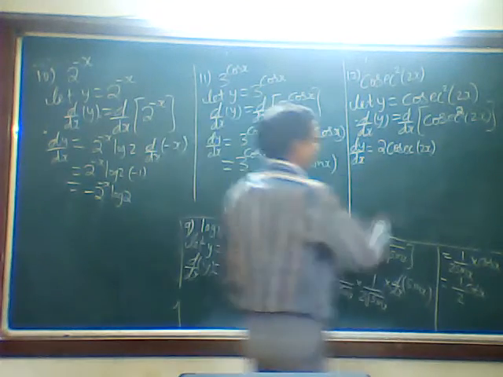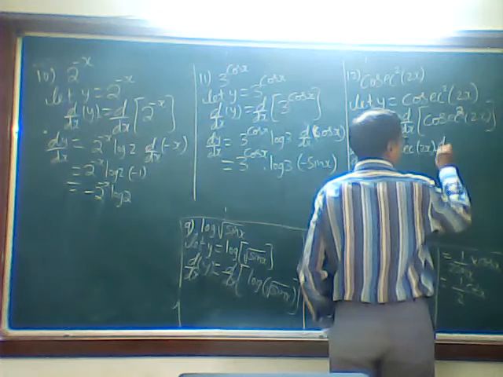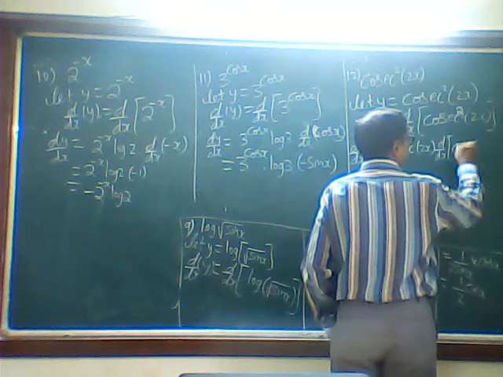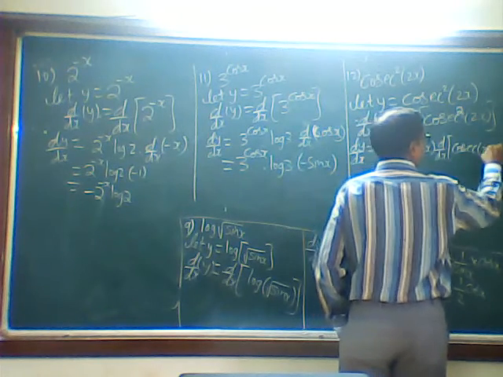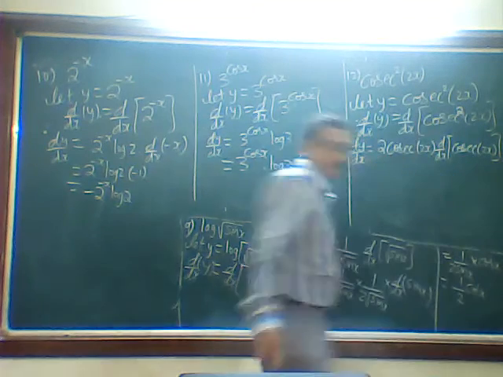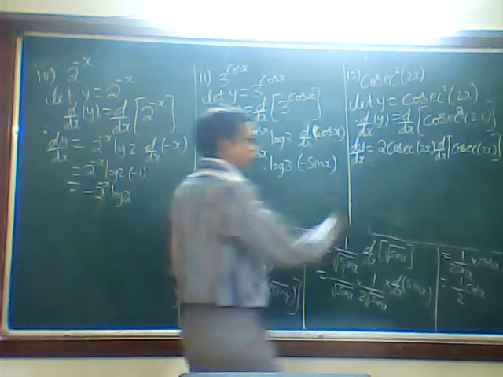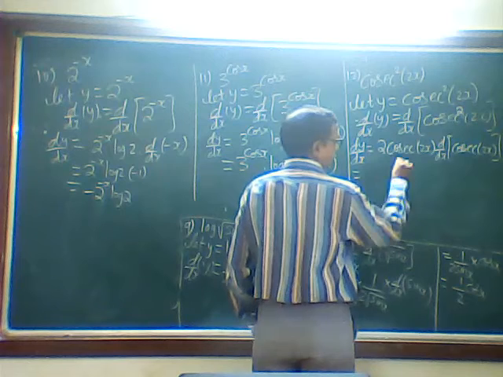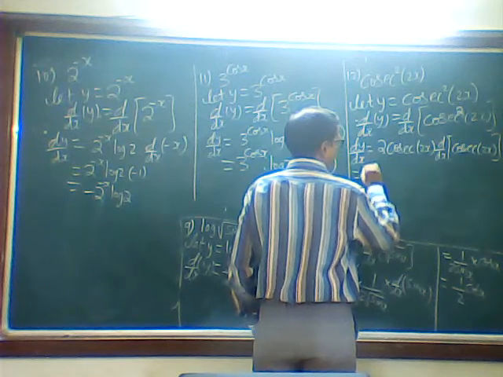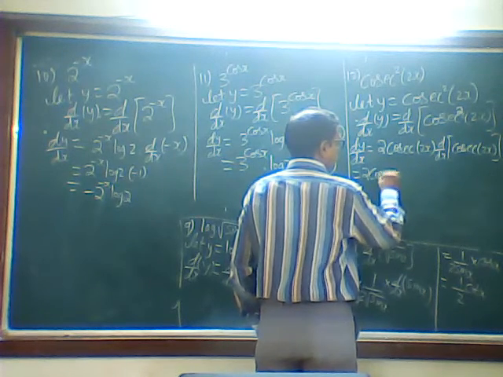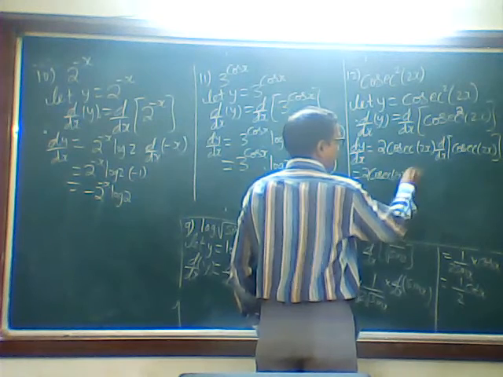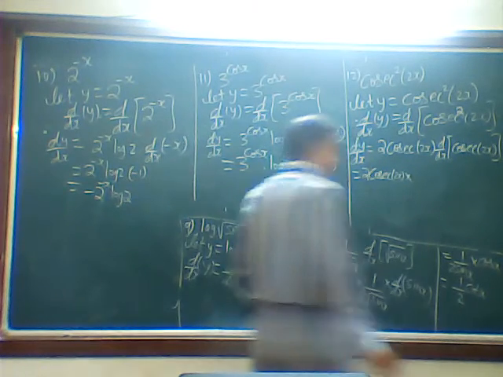Next we will move to d by dx of cosec of 2x. Okay, carry forward 2 into cosec of 2x into d by dx of cosec of 2x.